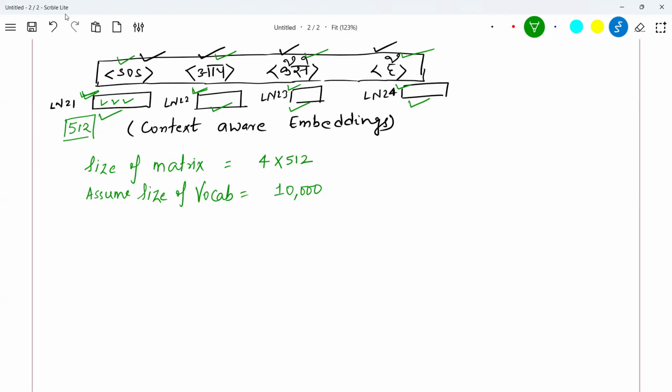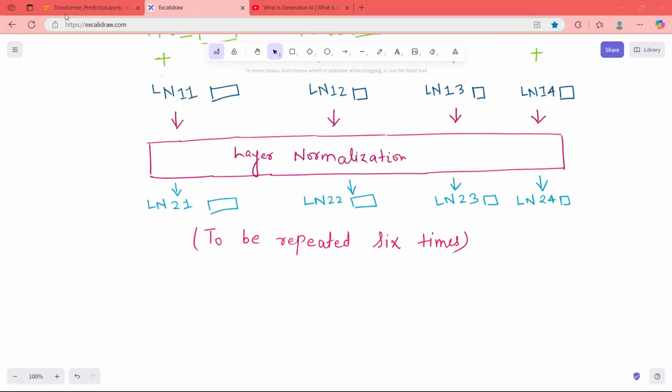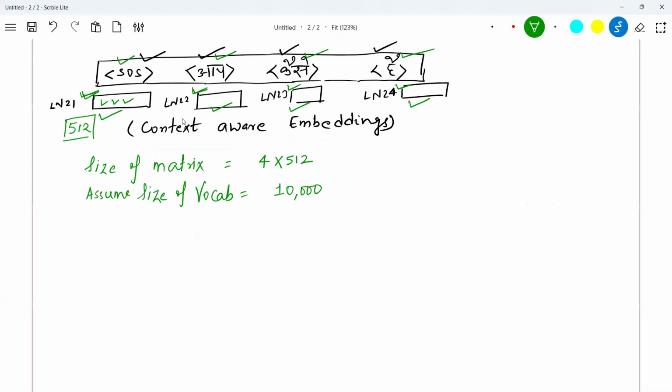They are free to predict any of them because that is the size of my vocab. So I need to somehow create a process that will bring me a probability for which word out of those 10,000 tokens is my prediction. Fine. And to do that, I'll use a linear layer.